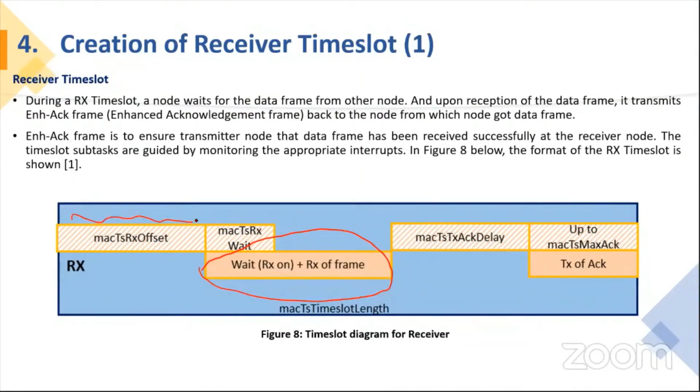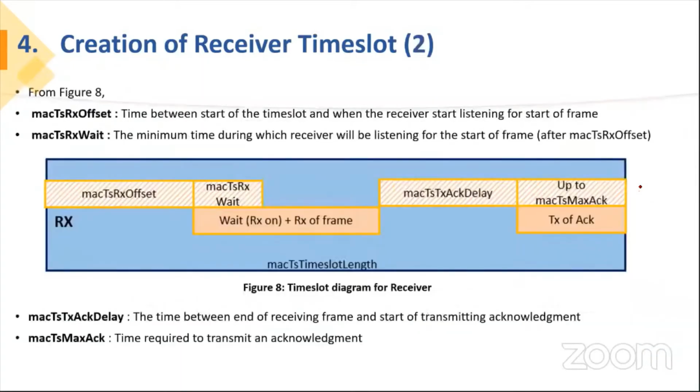After that, you have to wait for MAC TSRX wait time. And from there, you wait for the packet reception. Then you give a MAC TX ACK delay, and then you transmit the ACK back. That should be completed within this time. That is also important: up to MAC TS max ACK, you should complete the TX of the ACK. So that is also something that we did.